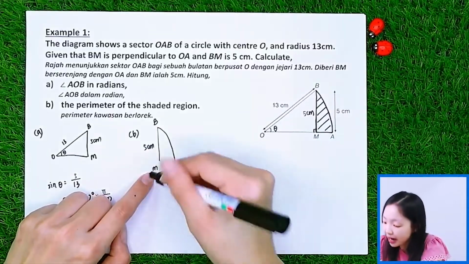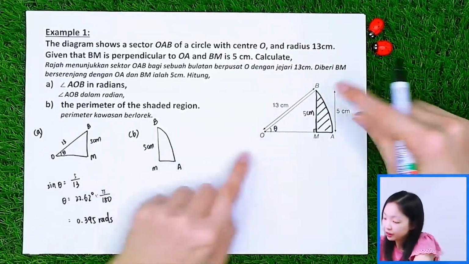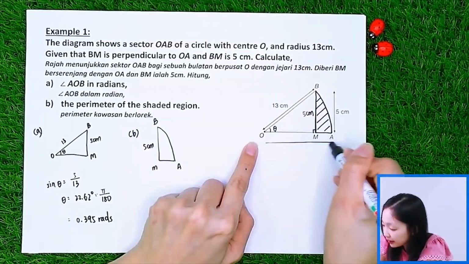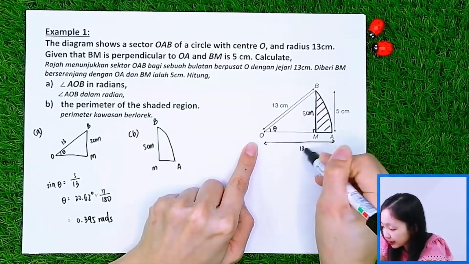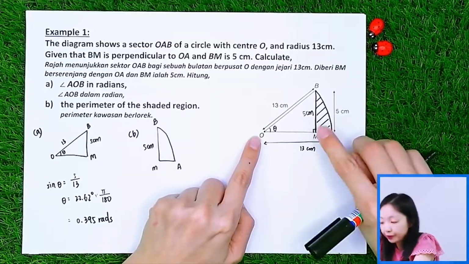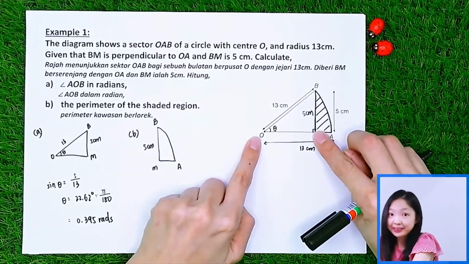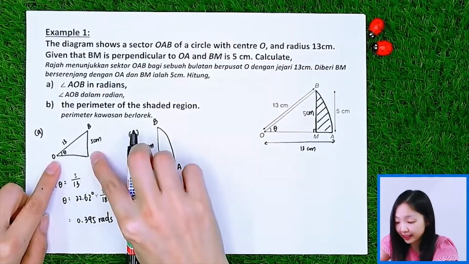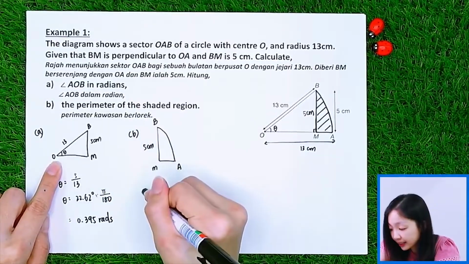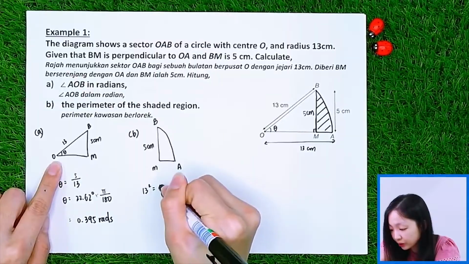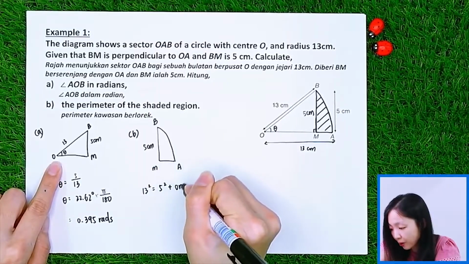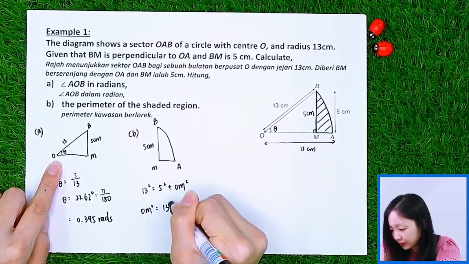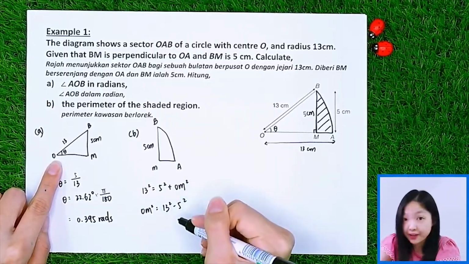And then, how can we find MA? The radius here is 13 cm, so that means here is also 13 cm. Can we find the OM? Yes, we can, by using the Pythagoras theorem. 13 squared equals 5 squared plus OM squared, so OM squared equals 13 squared minus 5 squared.